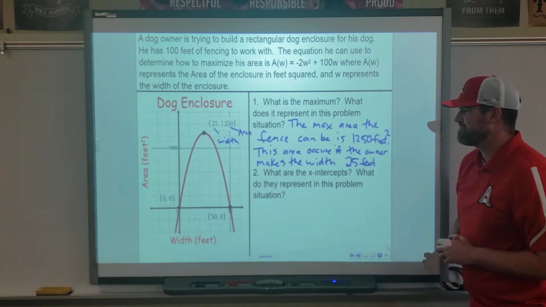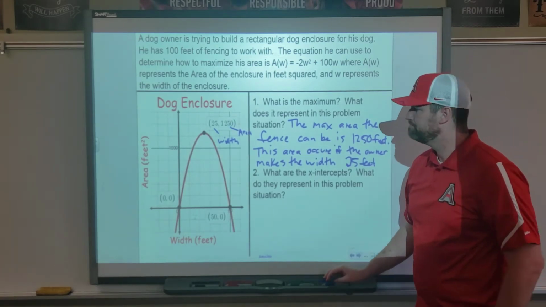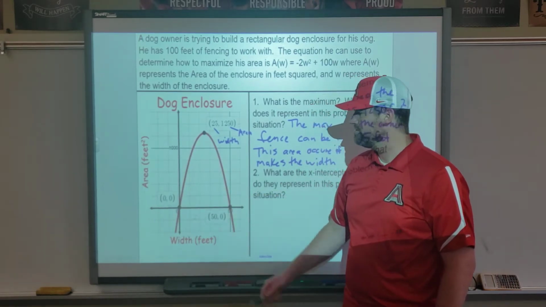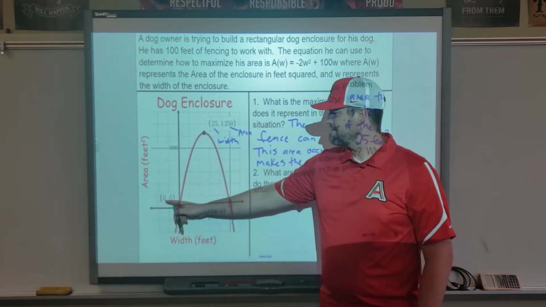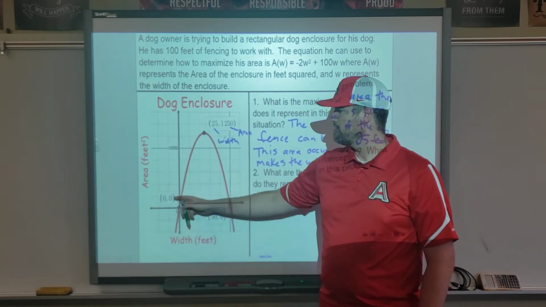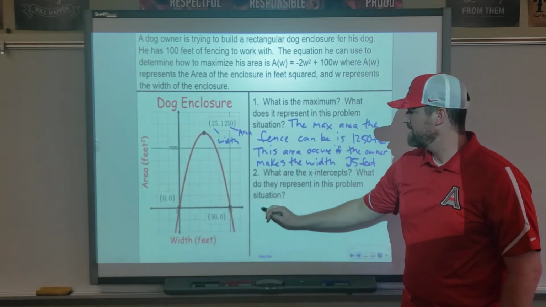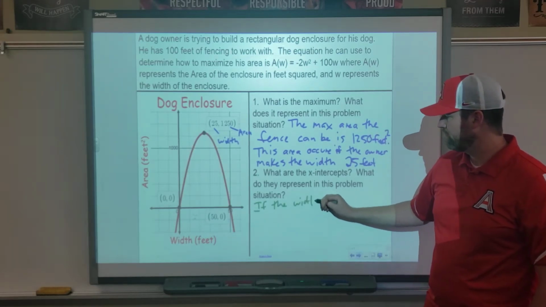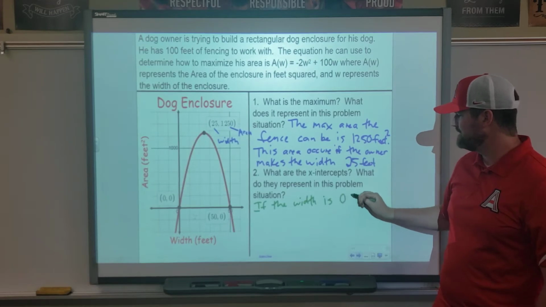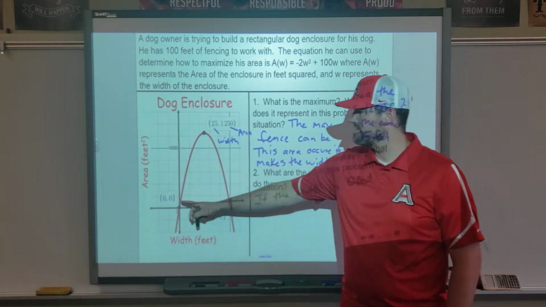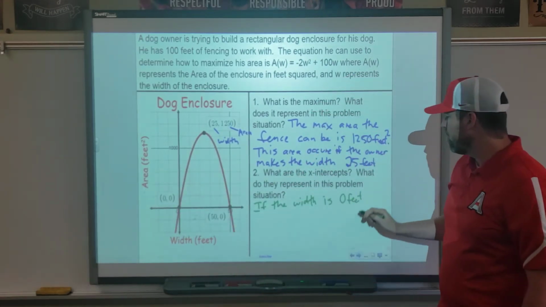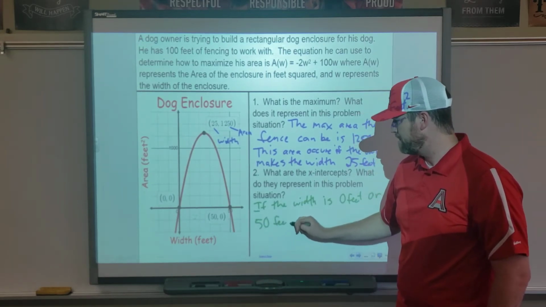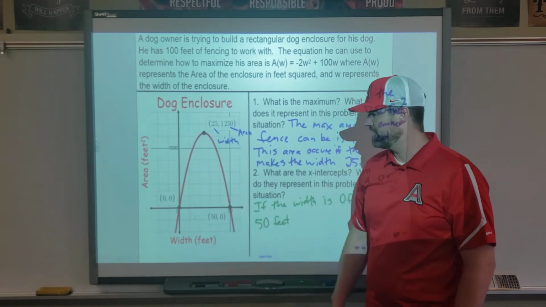What are the x-intercepts? What do they represent in the problem? Well, our x-intercepts are (0, 0) and (50, 0). And again, we know that x represents the width and y represents the area. So if the width is 0 feet, right, because that's one of the x-intercepts, is a width of 0 feet, or 50 feet, that's the other x-intercept, is 50.